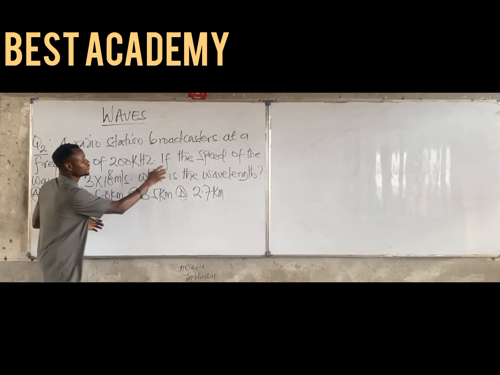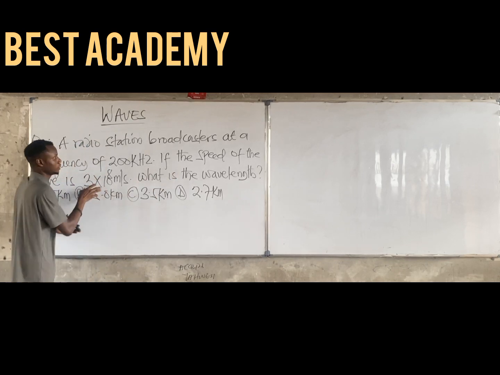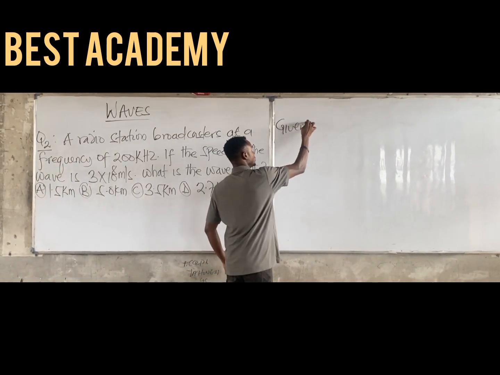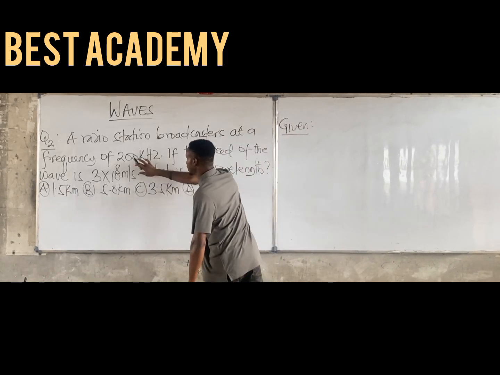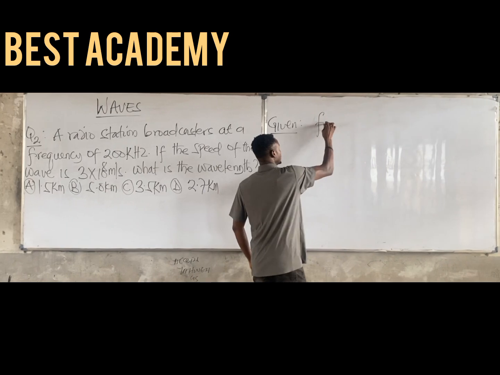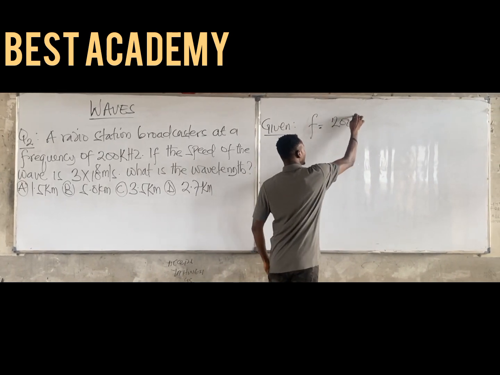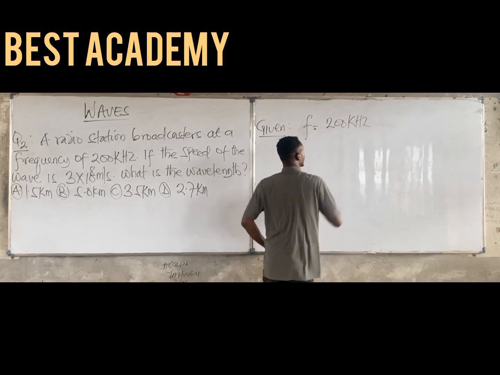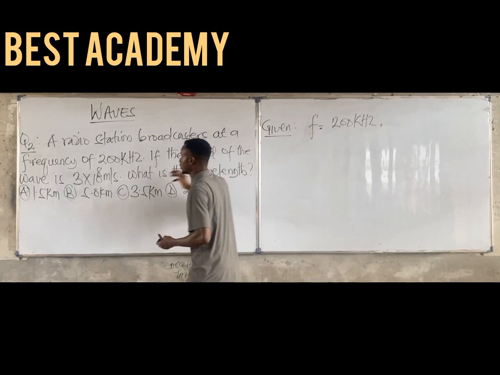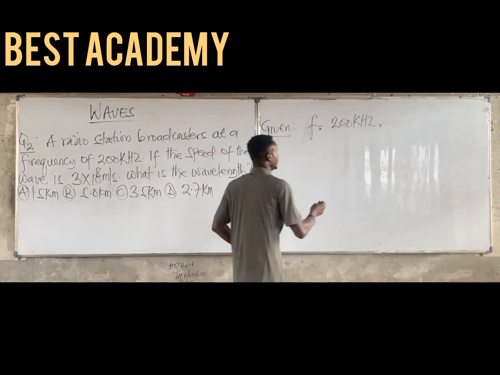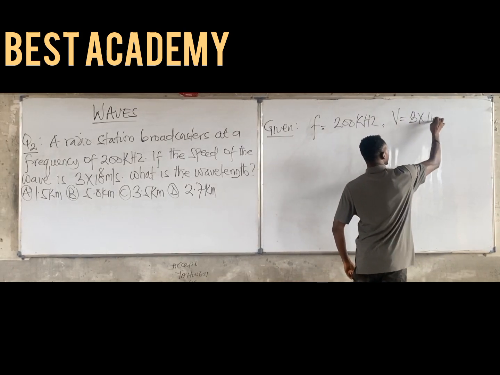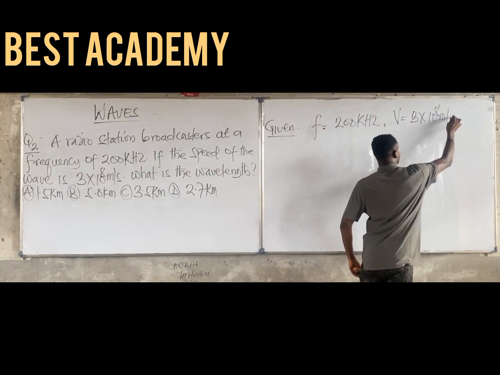These are the given parameters here: the frequency f is given to us as 200 kilohertz. Please take note. The velocity or speed, v, is given to us as 3 times 10 to the power of 8 meter per second.